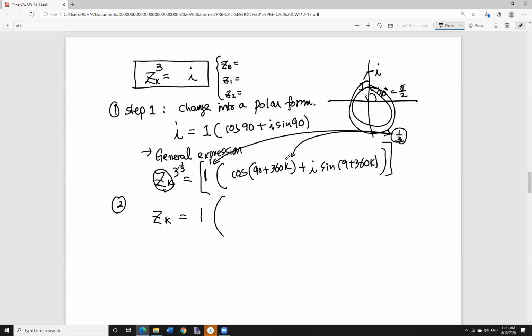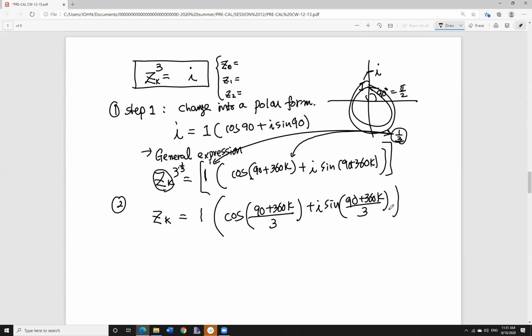Put inside it, divided by 3 over here. Cosine of 90 plus 360k over 3, plus i sine of 90 plus 360k over 3. That's it. It's very simple.